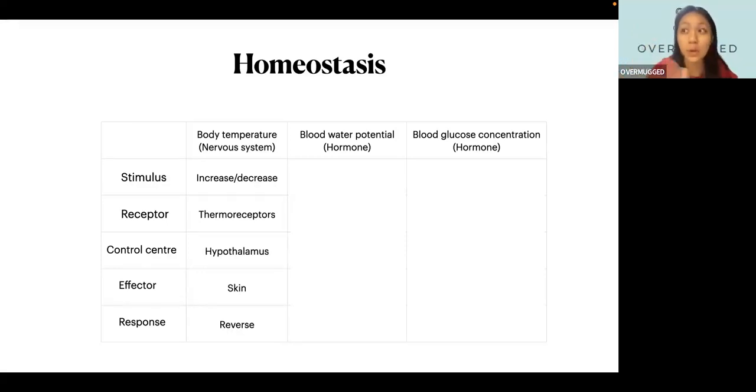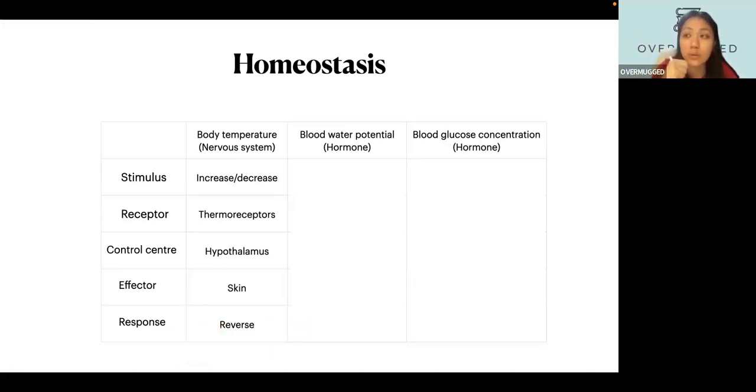Same idea, beyond normal, then it will trigger the homeostasis process. The receptor is thermoreceptor, but it's totally fine to just say receptor. Control center, hypothalamus, and the effector is the skin. The response is the reverse. The response part is where most of the memorization is going on here. What happens?